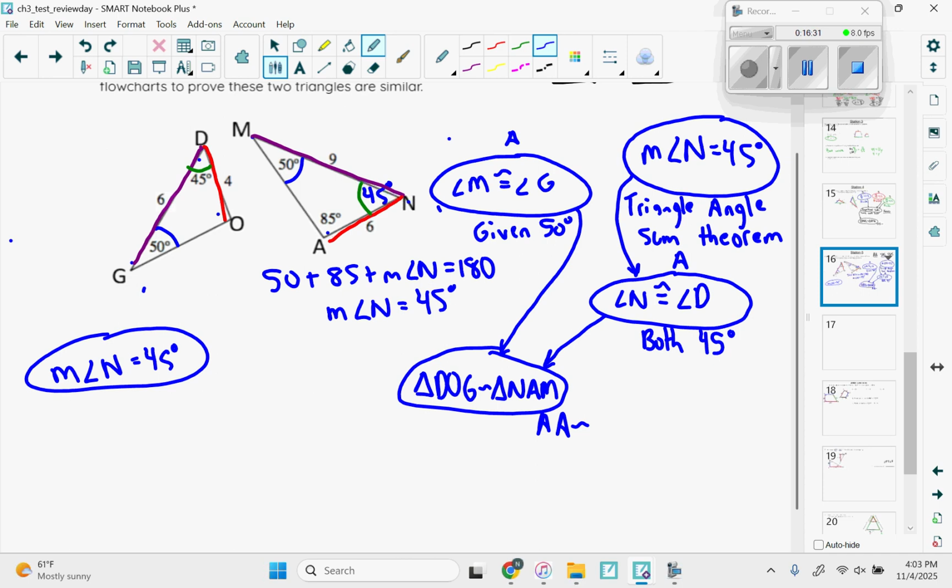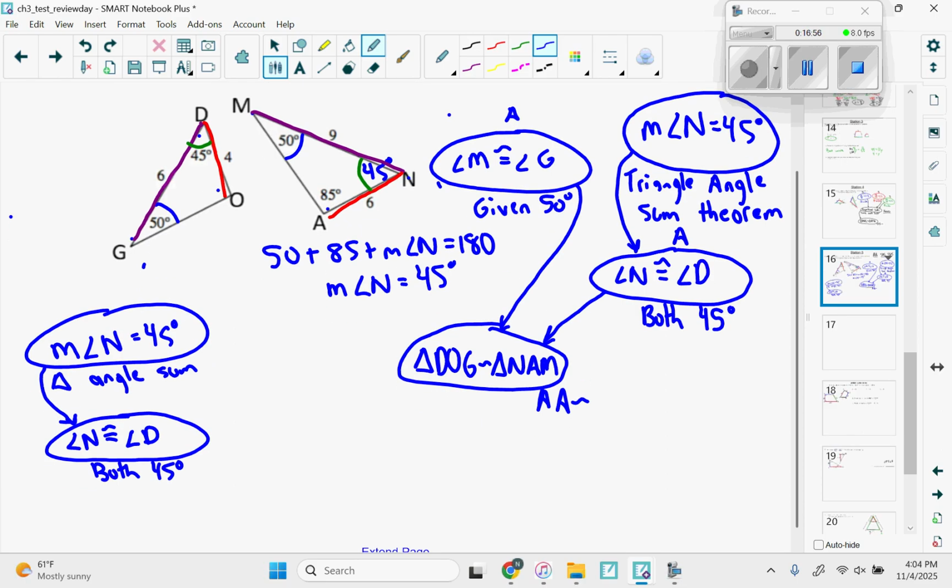And again, that was my triangle angle sum theorem. And I'm again using that to say that angle N is congruent to angle D because they are both 45 degrees. So I have my angle bubble done, and now I need my two side bubbles.